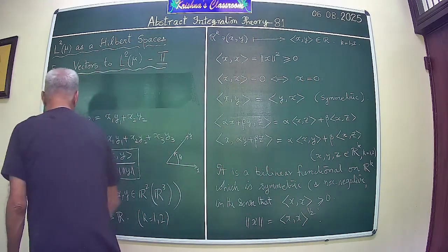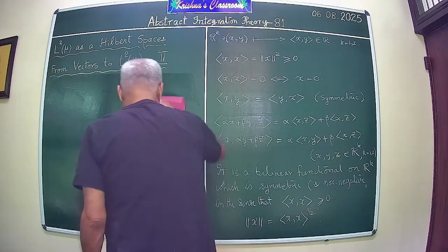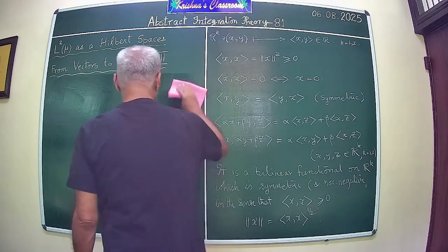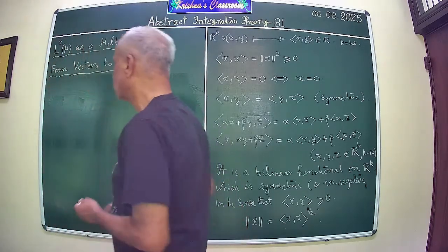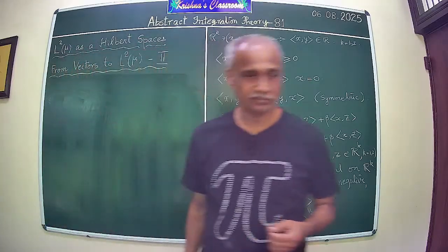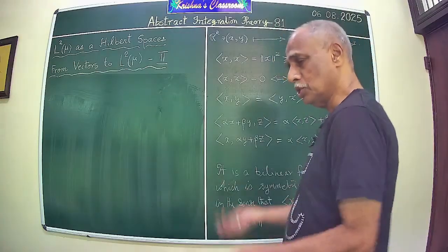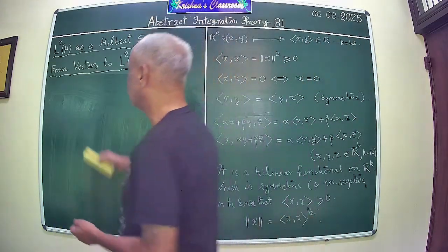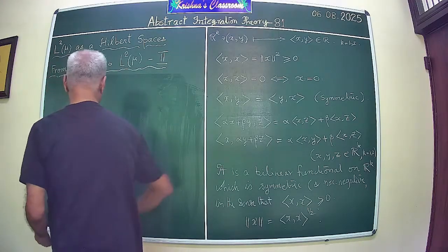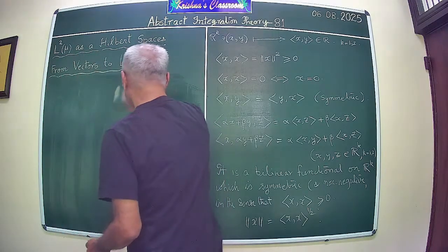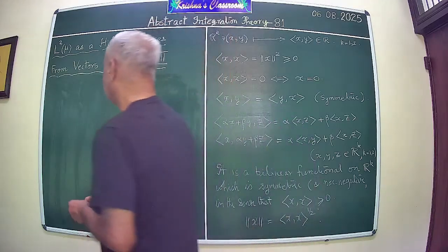The first thing that we observe is that you can work out spaces like Rk. So from R2, R3 to Rk, where you don't have any geometric insight to work on, except the algebraic structures that we have observed in R2 and R3, simply carried over to Rk.